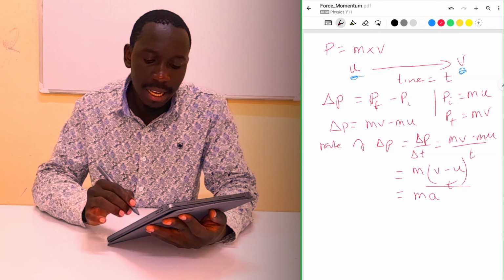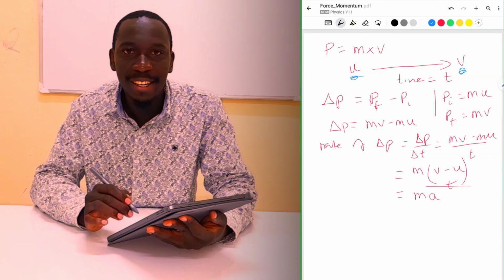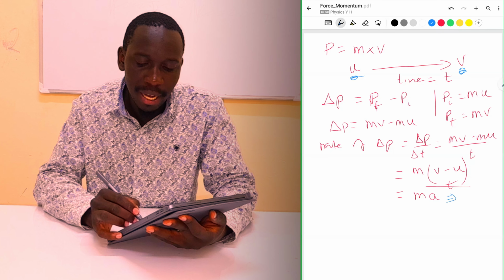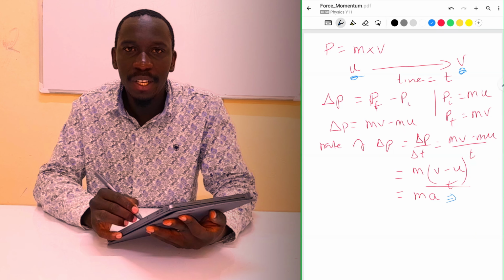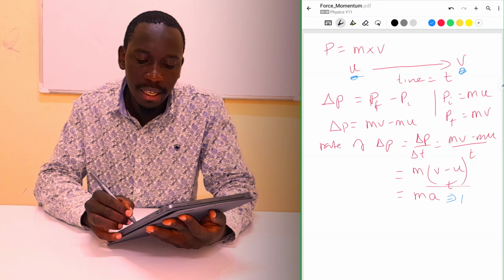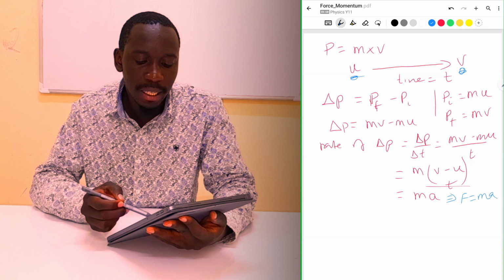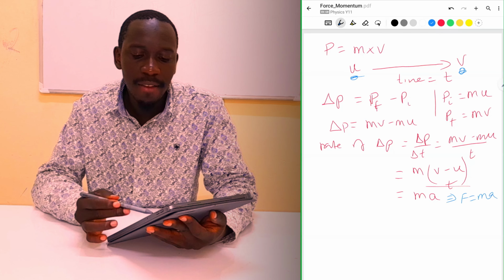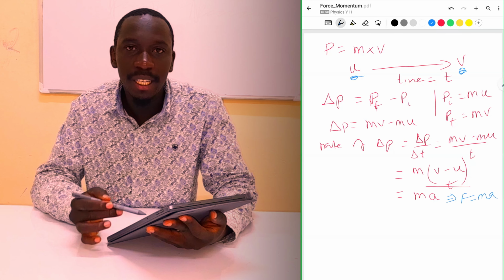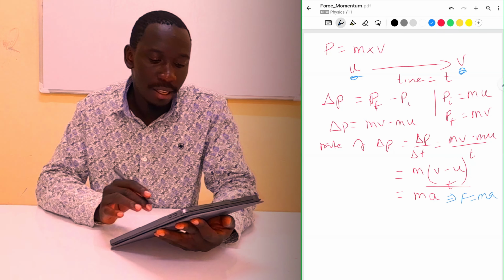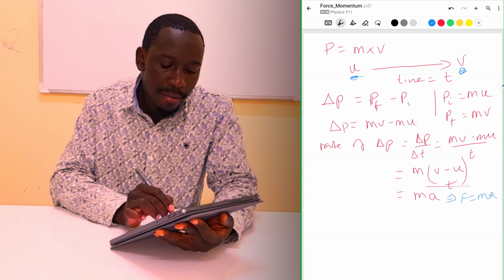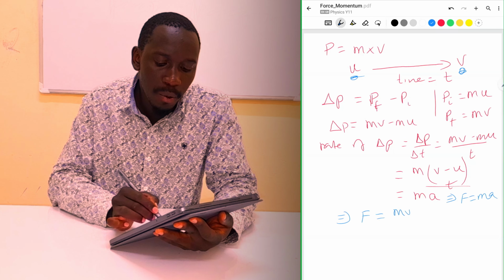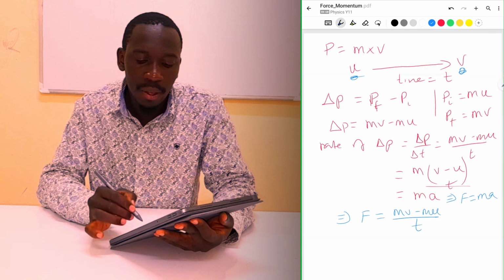If you remember clearly from our previous lesson, which you can still refer to on the website, mass times acceleration, from Newton's second law of motion, gives us the resultant force. So if ma is equal to mv minus mu over t, and mv minus mu over t is the rate of change of momentum, therefore the resultant force is given by mv minus mu over time taken.